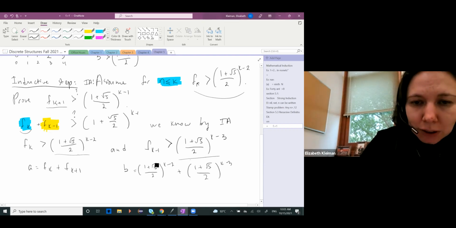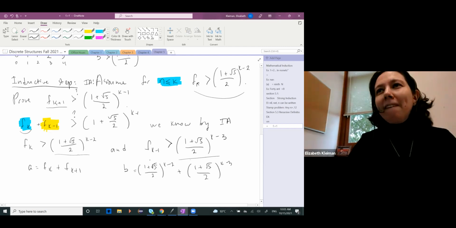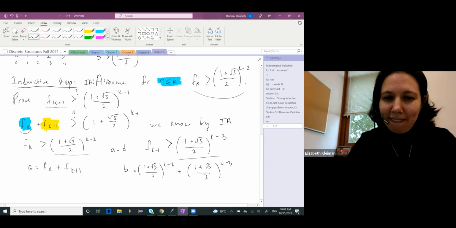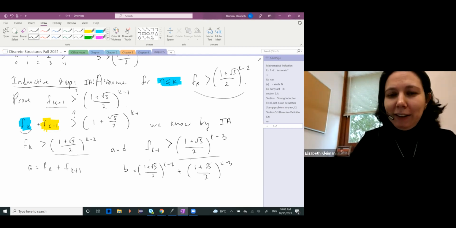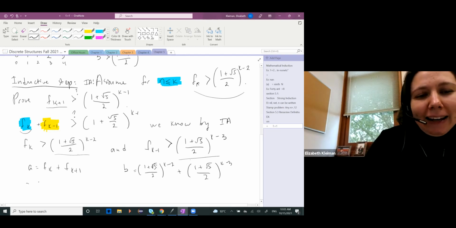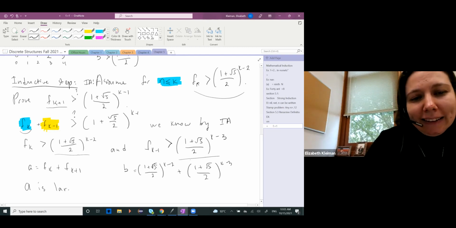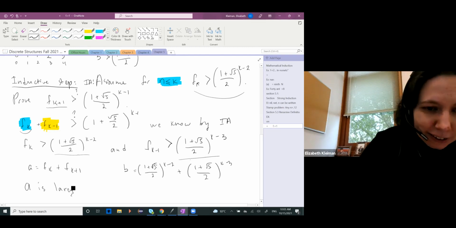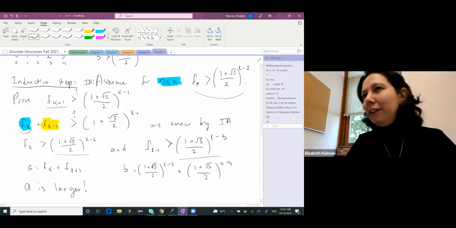Please tell me who is larger, A or B? A is larger. Agreed?